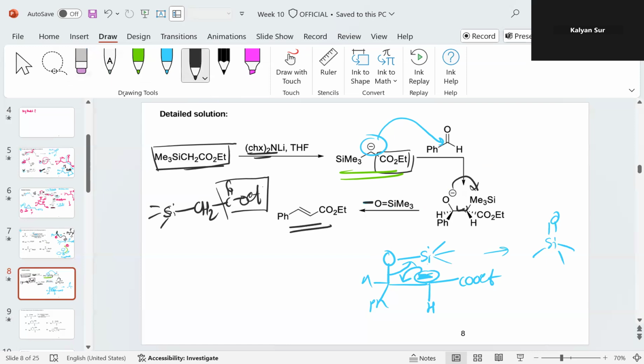Now the question is about the geometry, or why this forms in the trans fashion, the E fashion. That's because if you look at the intermediate step, the new bond formation followed by this bond cleavage takes place in a concerted fashion. Therefore, we get the E as the major product.